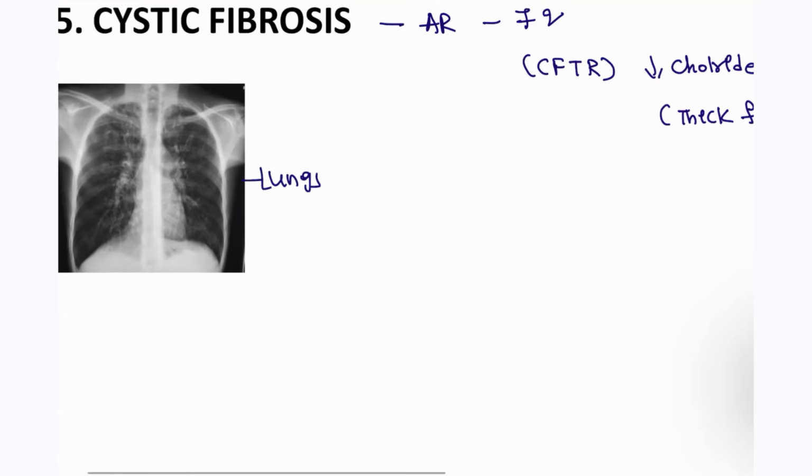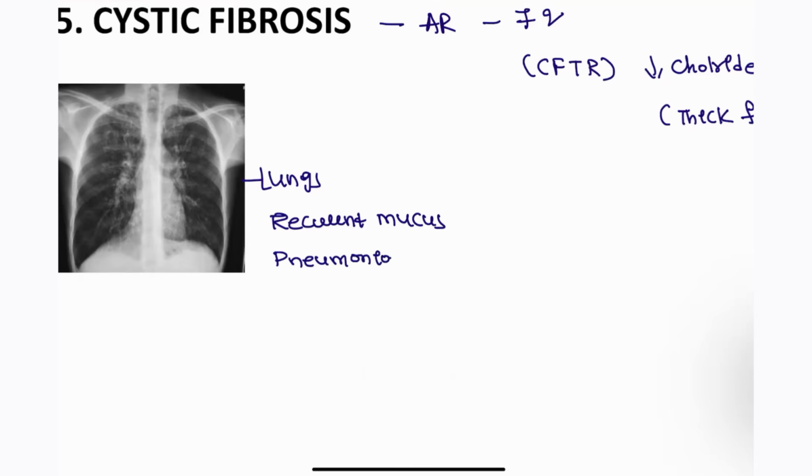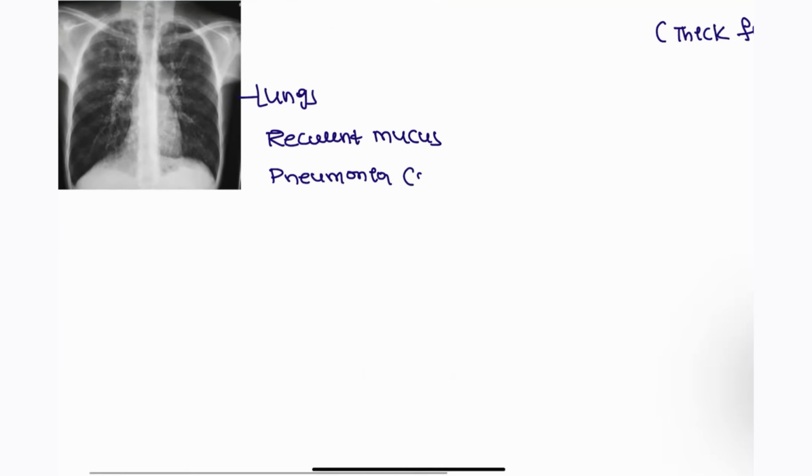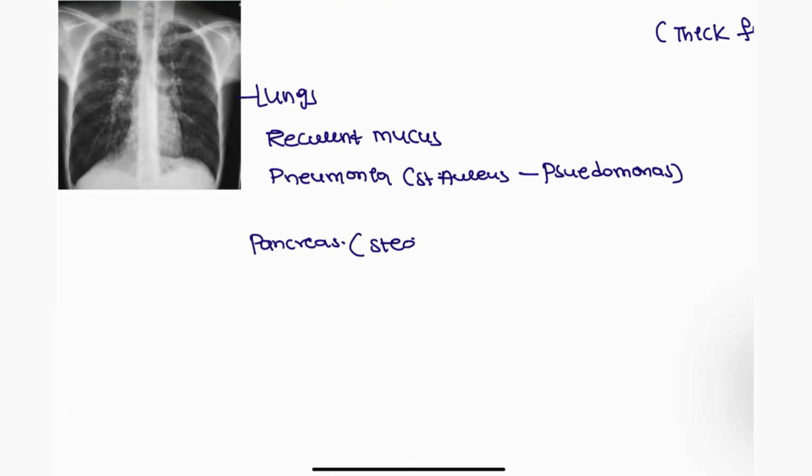The patient will have recurrent mucus problems, which can progress to pneumonia. The most common organism is Staph aureus, and progression can be to Pseudomonas. The pancreas is also involved, with steatorrhea and decreased absorption of fat-soluble vitamins A, D, E, K.